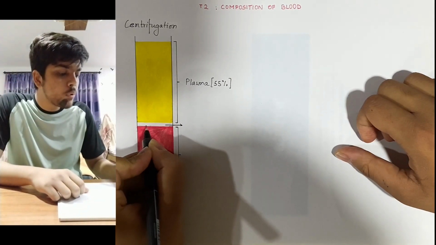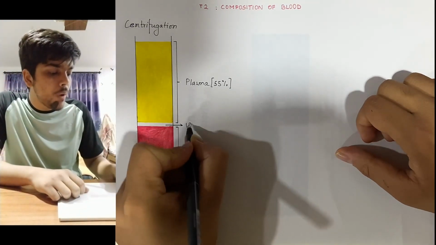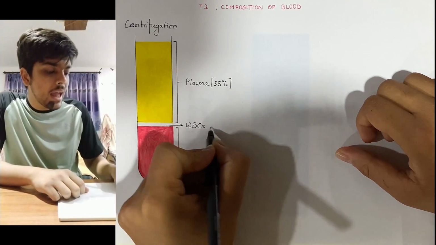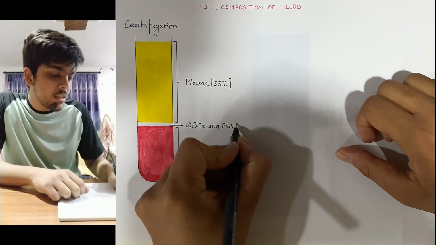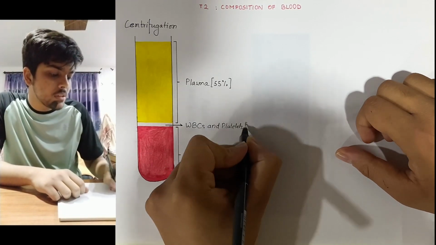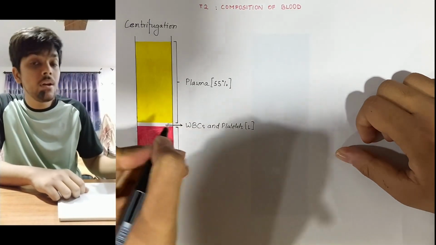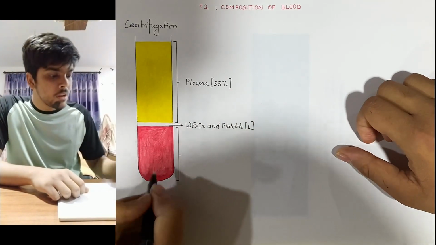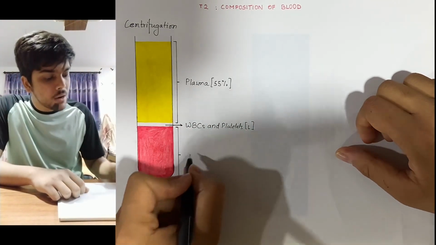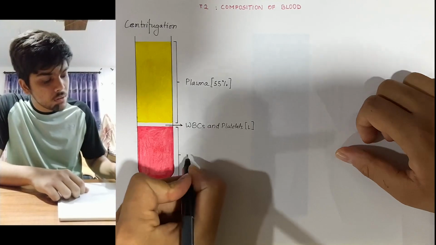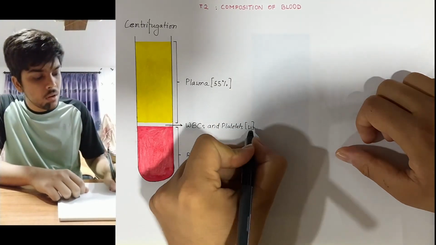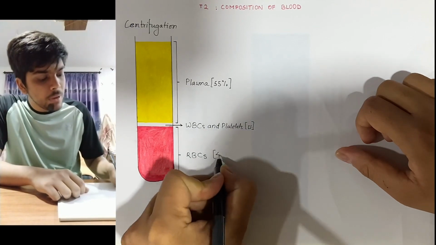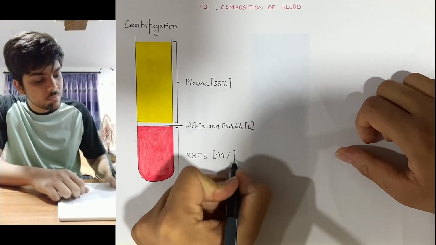Then the white portion contains white blood cells and platelets, and they form 1% of the liquid contained in the test tube. And at the bottom part, the red portion includes RBCs, or red blood cells, which form the remaining 44%.